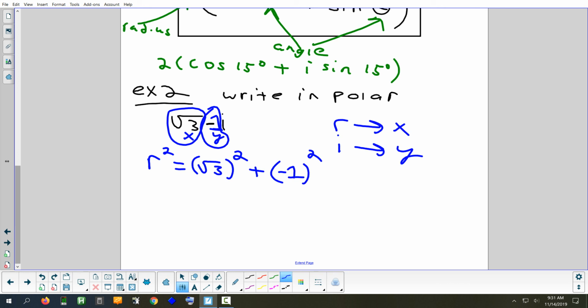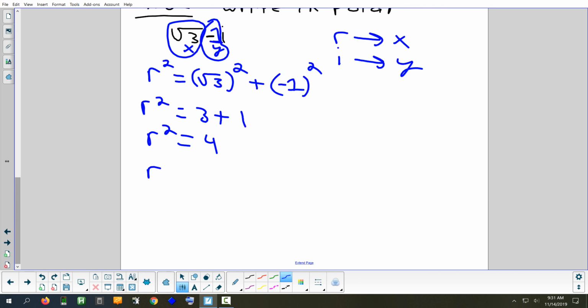X is a number, Y is a number. When you're doing out the radius, don't include I. Just the X, just the Y. What's the square root of 3 squared? 3. What's -1 squared? 1. So that gives me 4. And now we take the square root, so my radius is 2.